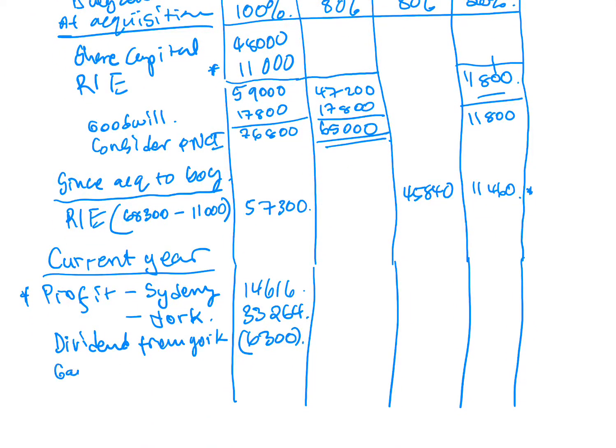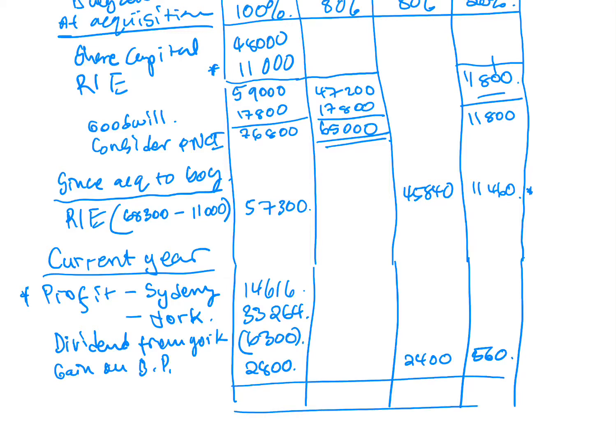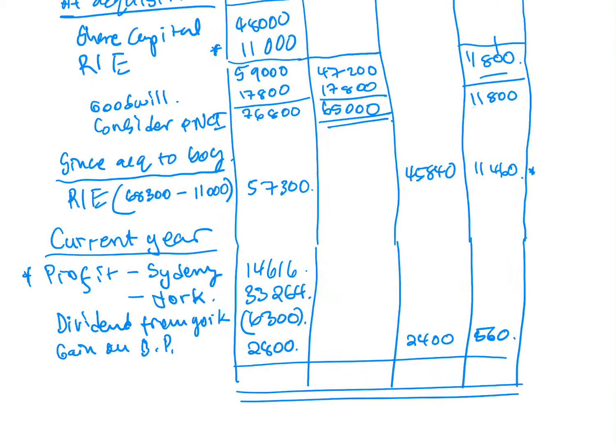Gain on bargain purchase, 2,800. Some of it belongs to the non-controlling interest. So I'll put my 2.4 and 560. Right, then we will be done.